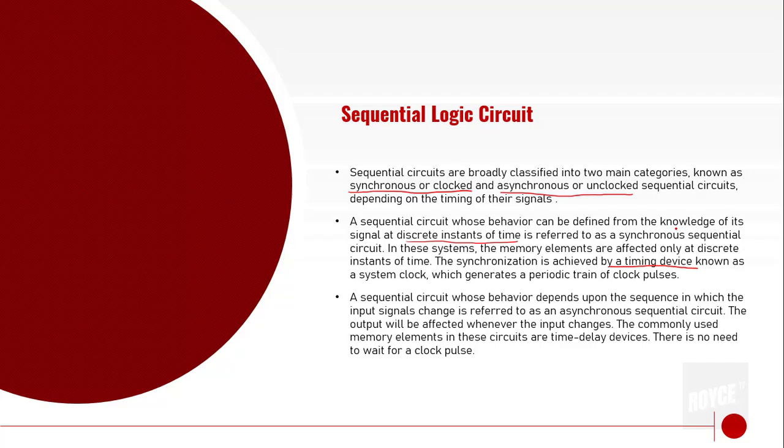So either it will be triggered sa leading edge nung system clock or it will be triggered at the trailing edge of the system clock. Well, the point here in synchronous sequential logic circuit, any change that will happen in the circuit or in the system, sasabay siya sa clock. At sabay-sabay sila mag-change. Yun.